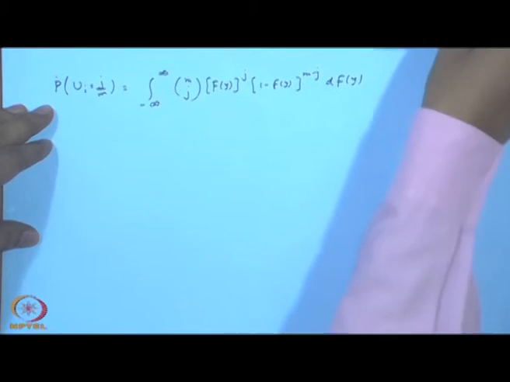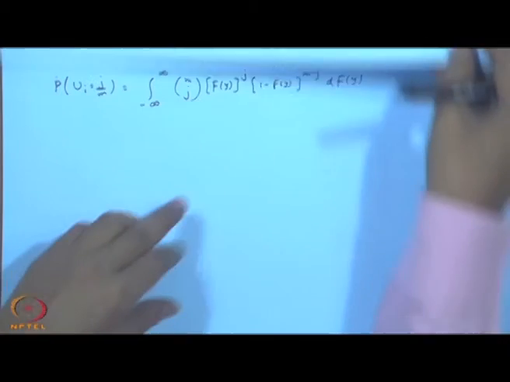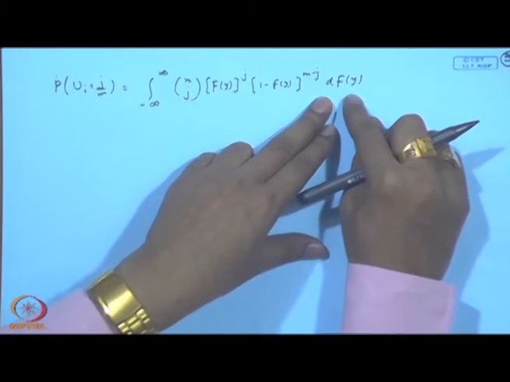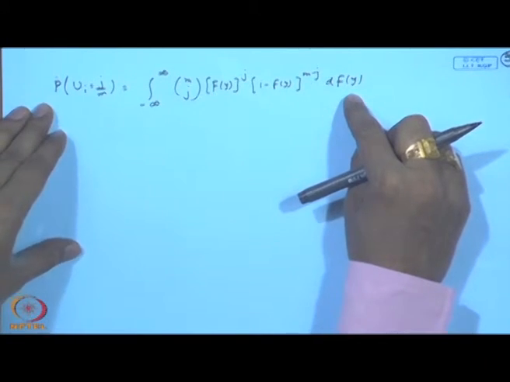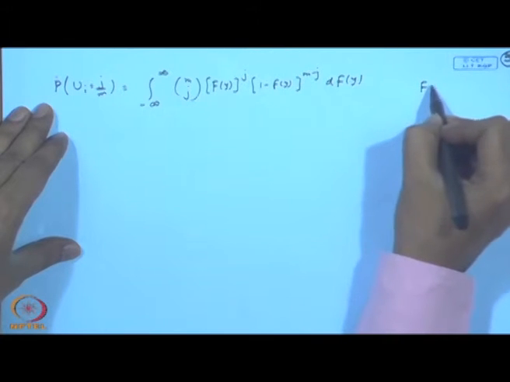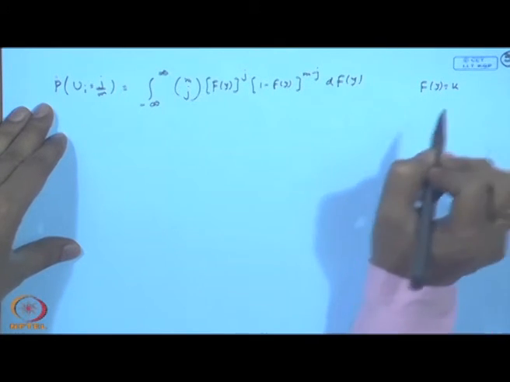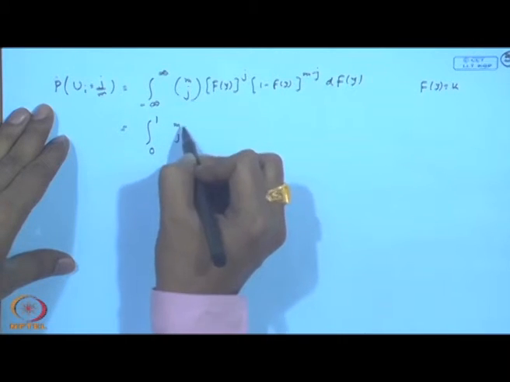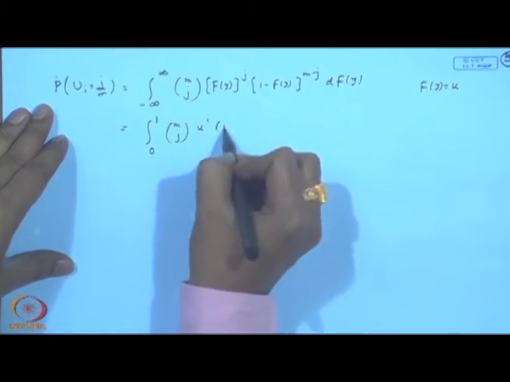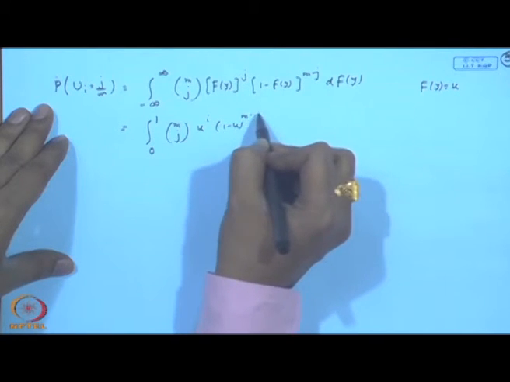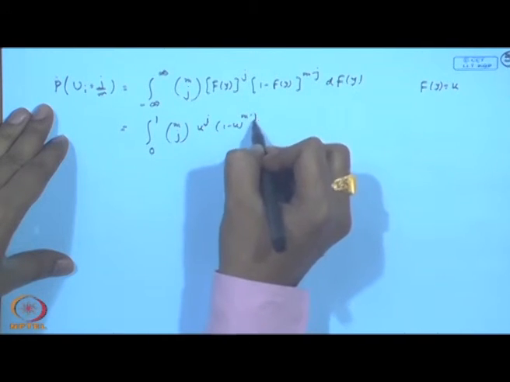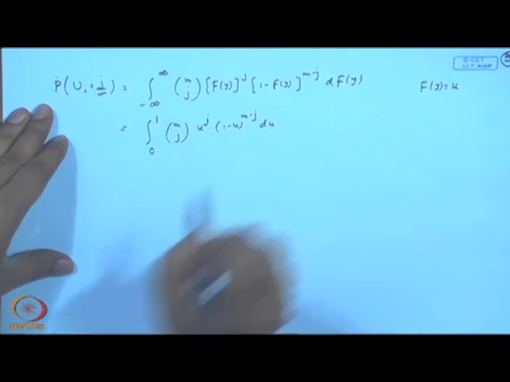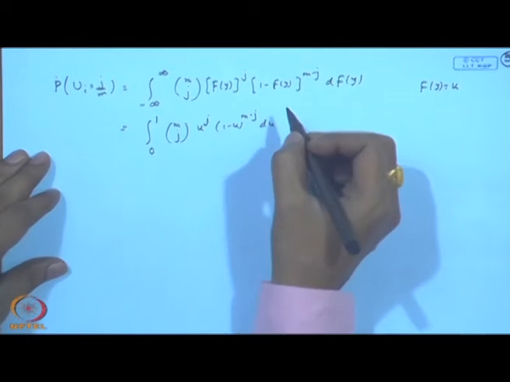Now, see earlier I had dG(y), but if G is equal to F, then I put it simply as dF(y). Now, you can simply substitute say F(y) is equal to some u. If that is happening, then this is simply becoming the integral from 0 to 1 of m C j u to the power j, 1 minus u to the power m minus j, du, which is simply a beta integral.